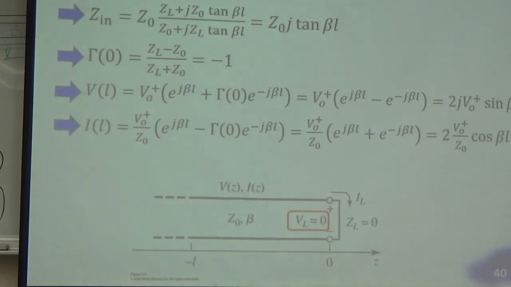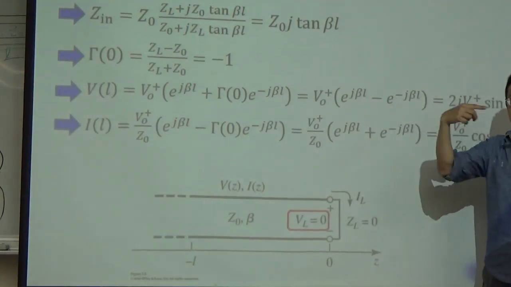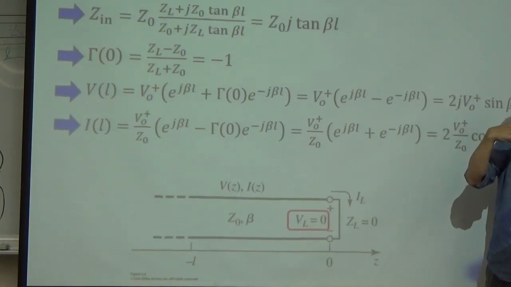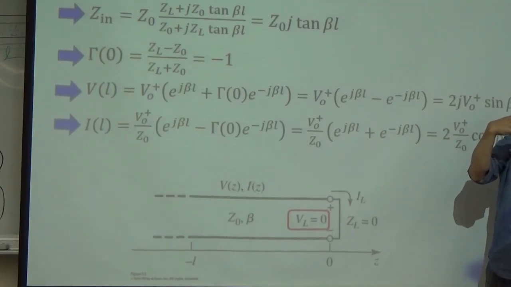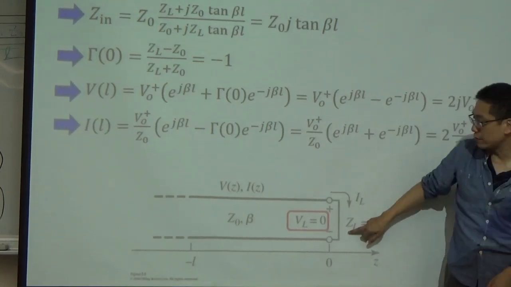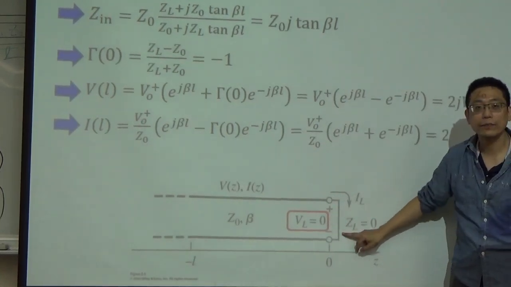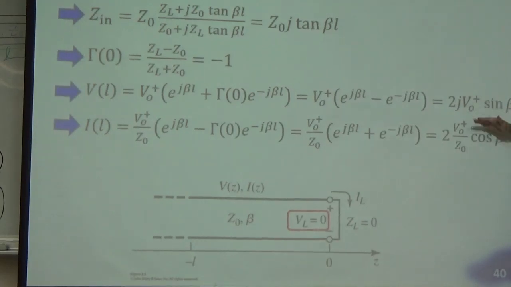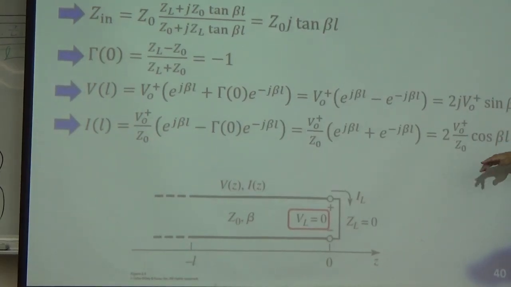Okay? So you directly connect the transmission line at the end. You connect the signal line to the ground line at the end of the transmission line. And then you can obtain the voltage and current everywhere on the transmission line according to this equation. Okay?